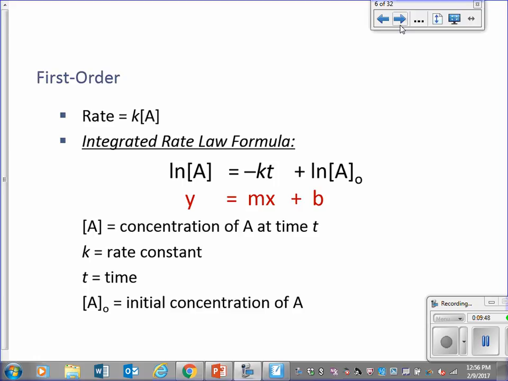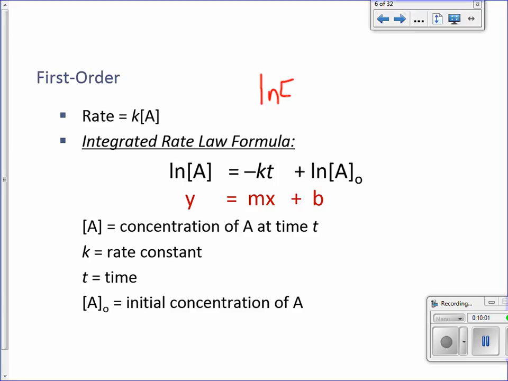Okay, first order rate law. The integrated rate law formula is right here, but you'll also see it written like this. It's actually on the formula sheet like this. And this is supposed to have a t next to it, by the way. So you'll see it on the formula sheet like that.